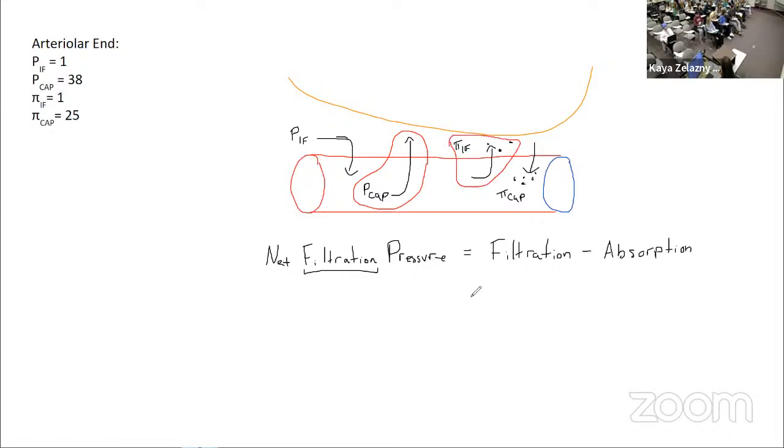All right. So our filtration part, let's put it in parentheses just for neatness. So we're going to have our hydrostatic pressure from the capillary, plus any oncotic pressure from the interstitial fluid. And then we're going to subtract out anything going the opposite direction. Okay, so I'll pick blue. We're just looking for arrows going into the capillary because that's our absorption direction.